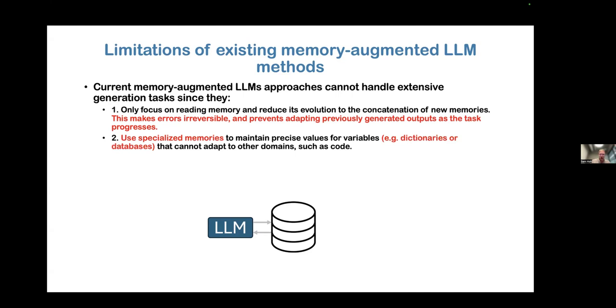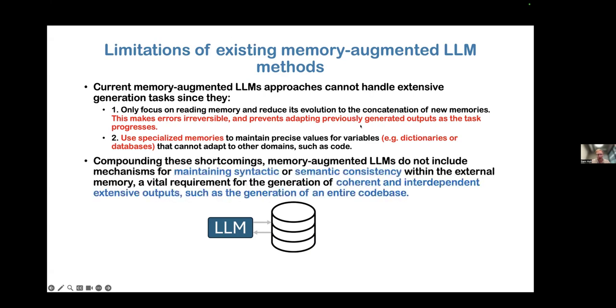Or two, using specialized memories, such as dictionaries or databases, to maintain precise values for variables, which cannot adapt to other domains, such as code. Now, really compounding these shortcomings, memory-augmented LLMs do not include mechanisms for maintaining syntactic or semantic consistency within the external memory, a vital requirement for the generation of coherent and independent extensive outputs, such as the generation of an entire code base.